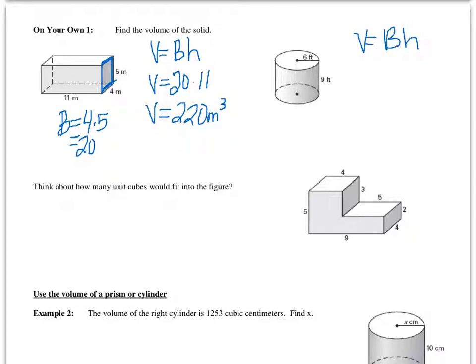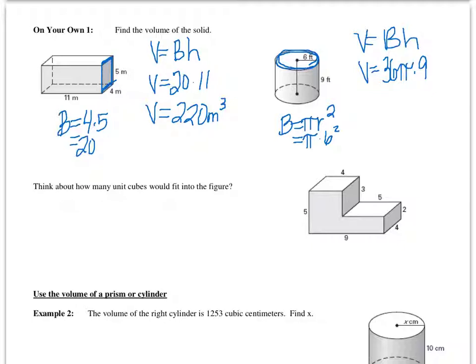The next one, we have a circle. So again, my base is a circle. I don't have a circle, I have a cylinder. So the base area is pi times our radius squared. So it's pi times 6 squared. Well, 6 squared is 36. So my volume equals 36 pi times my height, which is 9.